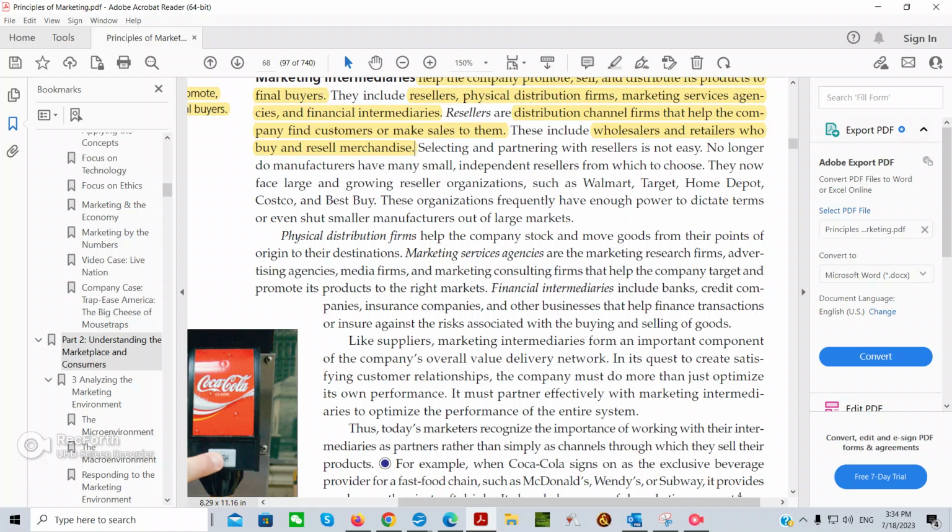Now, the physical distribution firms help the company stock and move goods from the point of origin to the destination. That's basically logistics, okay? Your logistics management. Marketing service agencies are the marketing research firms, advertising agencies, media firms, and marketing consulting firms that help the company target and promote products to the right markets.